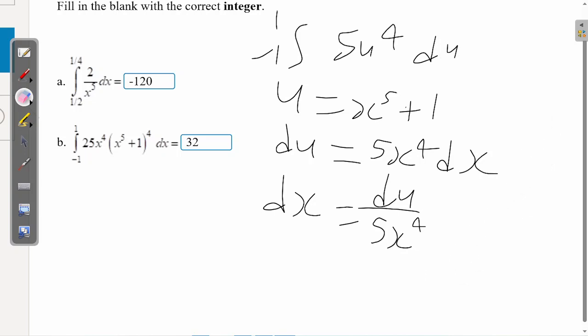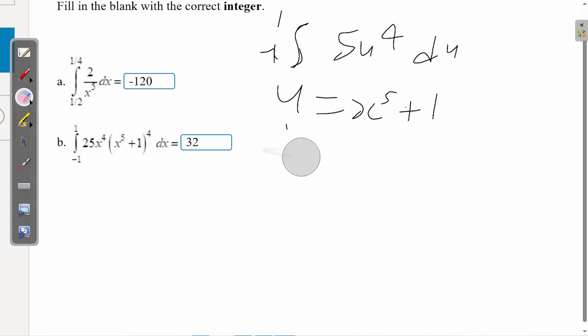Are we done? No, because we forgot an important part. This is a definite integral with bounds, right? So we have to change them for u. Here they were 1 and negative 1. Now we have to change them in terms of u. So what that means is we take 1, we substitute it in u. So u is equal to 1 power 5 plus 1 equals 2.